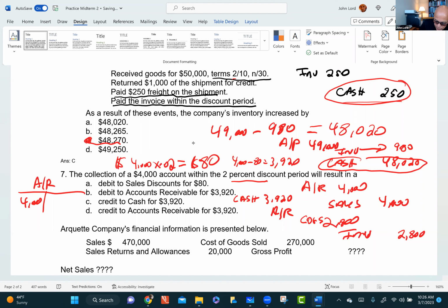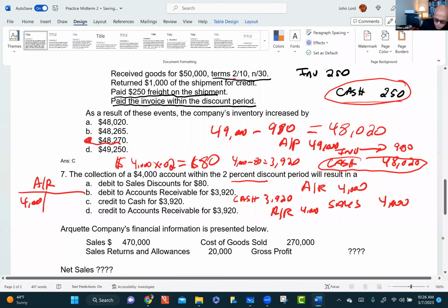Accounts receivable now is for the entire 4,000. I can erase the cost of goods sold now because it's not even part of this problem. My accounts receivable I'm going to credit for 4,000. I need a debit of 80 up here, and that debit of 80 is going to go to sales discounts.